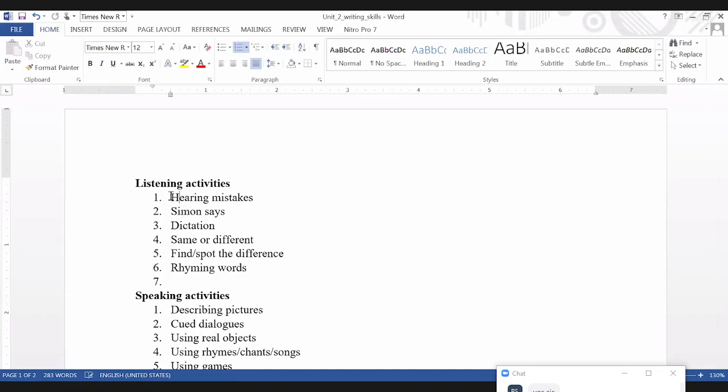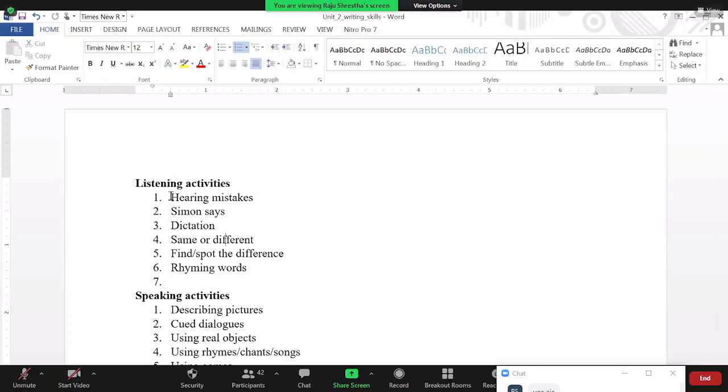Hearing mistakes, Simon says, dictation, same or different, find the differences, rhyming words. These are a few to mention here. These activities you should keep in your mind, and the classroom procedure also.